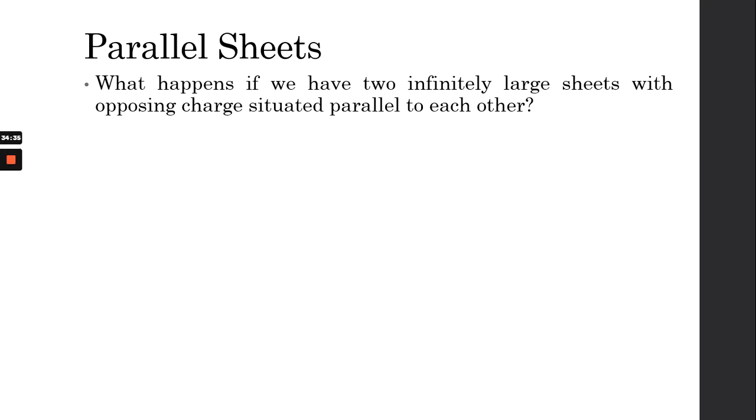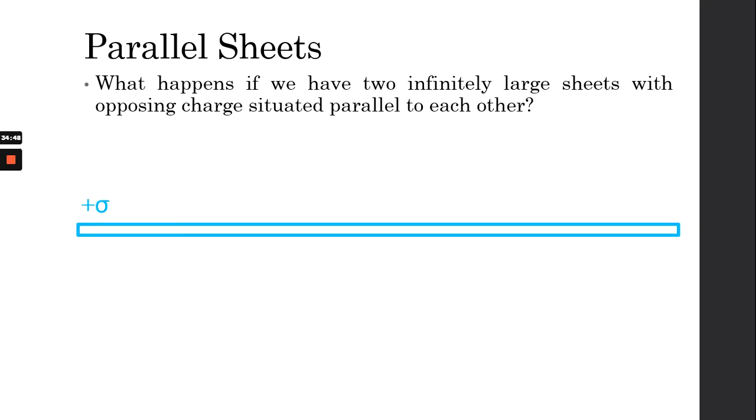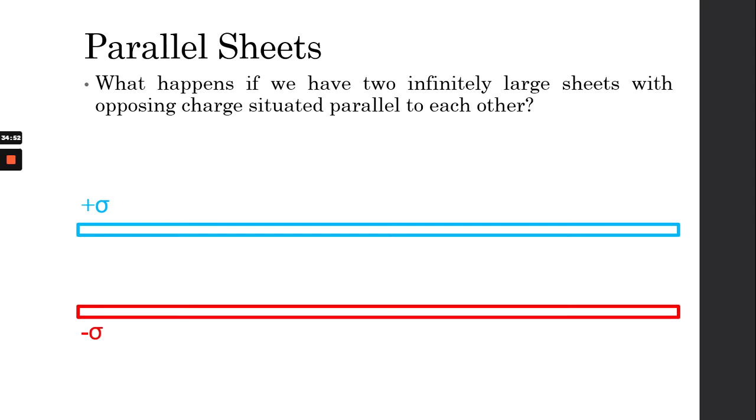But before we go to a sample problem, let's look at this. What happens if we have two infinitely charged sheets with opposite charge situated parallel to each other? So we have an infinitely large sheet that has a positive charge and another sheet that has a negative charge, and they're parallel to each other, situated at the distance r, right?